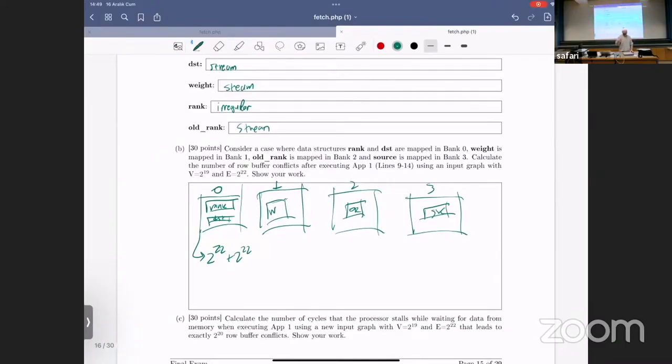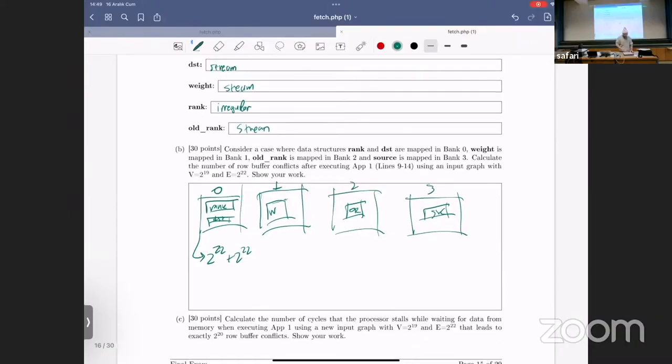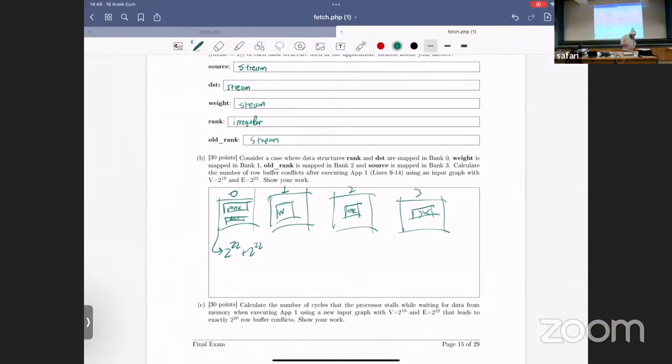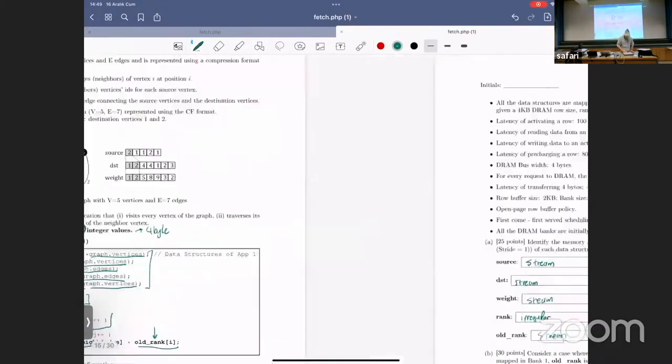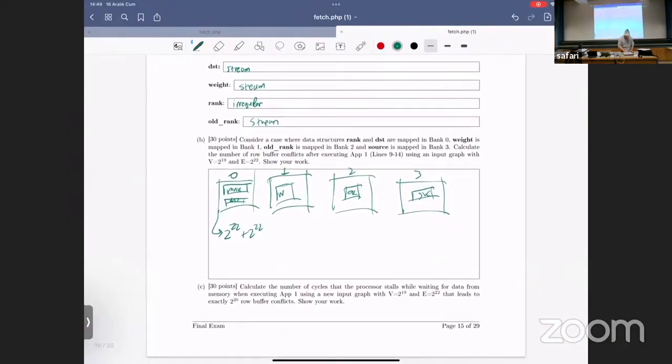And how many reads are we going to do? 2 to the power of 22 for the weight. So 2 to the power of 22 reads for the weight divided by 2 to the power of 11, divided by 2 to the power of 2, which is 2 to the power of 22 divided by 2 to the power of 9.